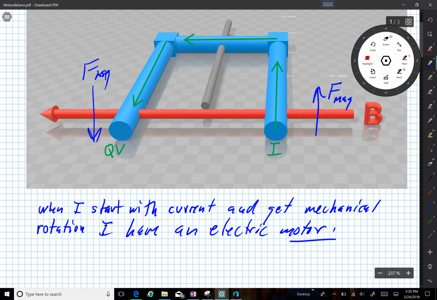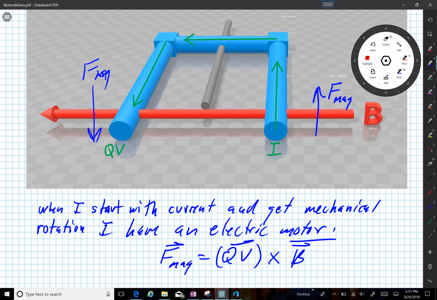And it all comes from this QV cross B. F magnetic equals QV cross product B, there's that cross product, that right-hand rule. It's that idea that makes electric motors work.